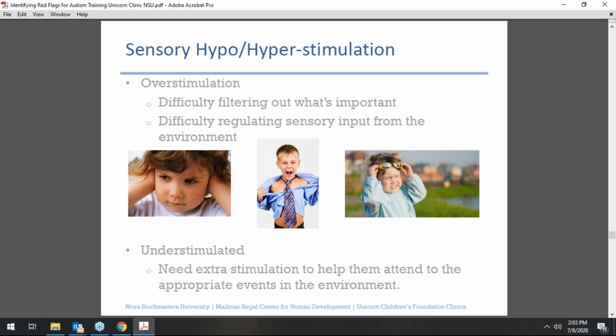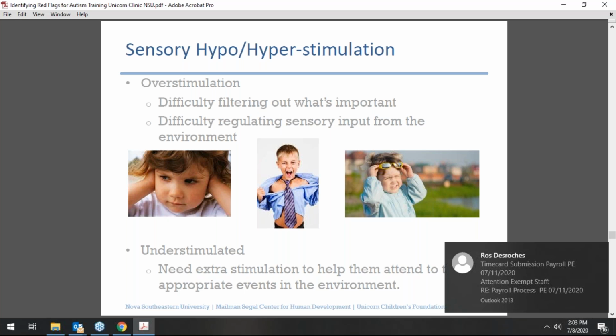If they transition from one activity to another, especially from a preferred activity to a less preferred activity, that's going to be difficult. So giving them time to process, and that goes into the treatment, like visual stimuli that can help them understand what's coming next, might help them with the regulation. But this might look like, if they're overstimulated, they might cover their ears.